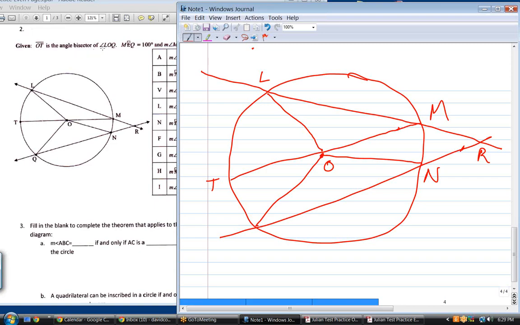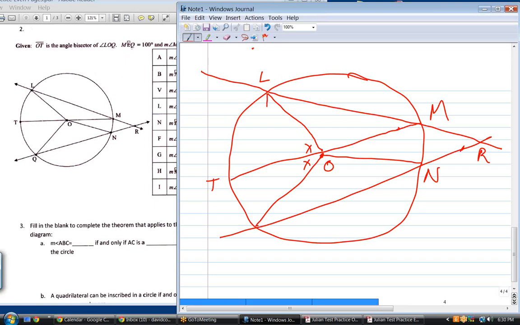OT is an angle bisector of LOQ. So this angle equals this angle. We'll just label it with an X for the moment. What does this say? MLQ is 100? MLQ is 100, yeah. Well, that's not even on our picture, though. What does that say in back of that? Is that an L or an E? Is that MLQ? Yeah, it's an L. So MLQ, yeah.